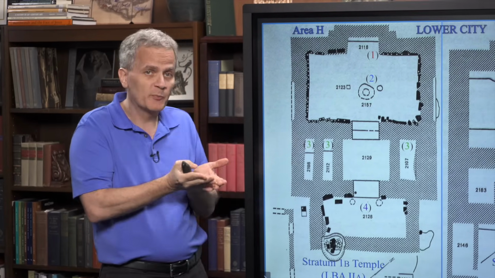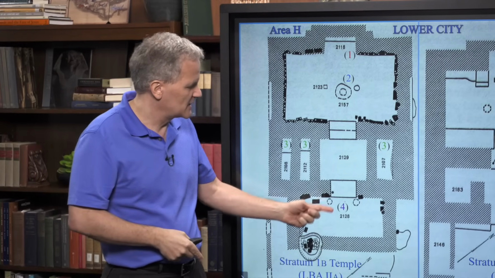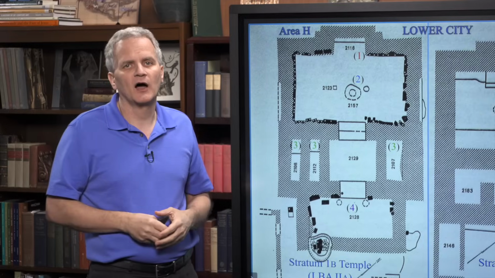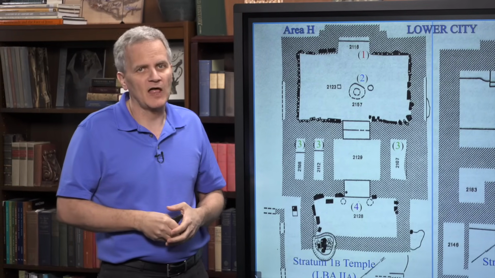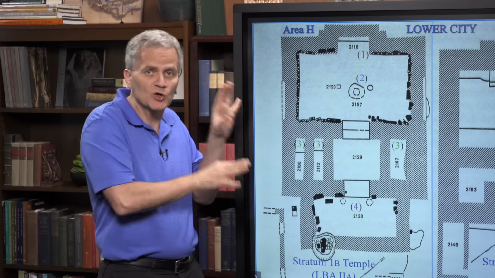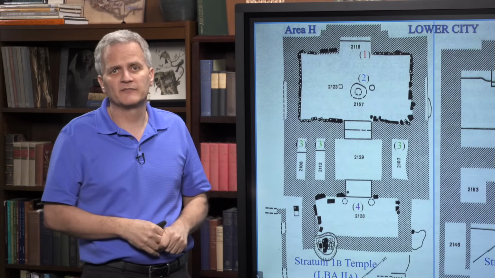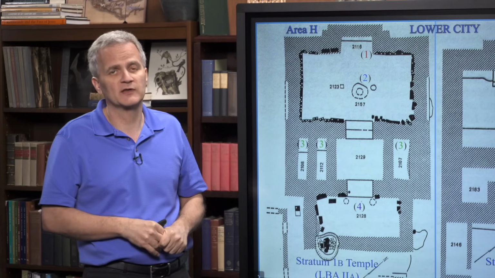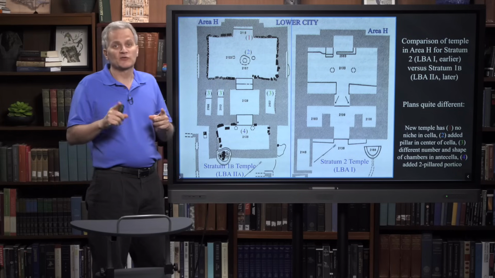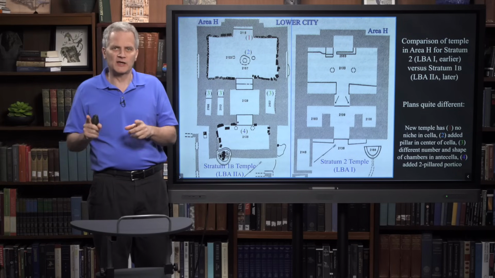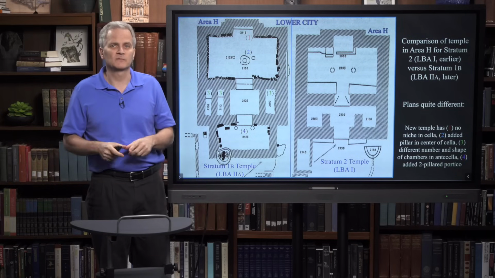So there's a roofed portico that's added to the temple in this phase. So you have a very different design in pretty much every one of the rooms or portions of the temple. You have something structurally very different than it was in the earlier phase. So that suggests that we have a completely different cultural group in this new occupational phase at Hazor.